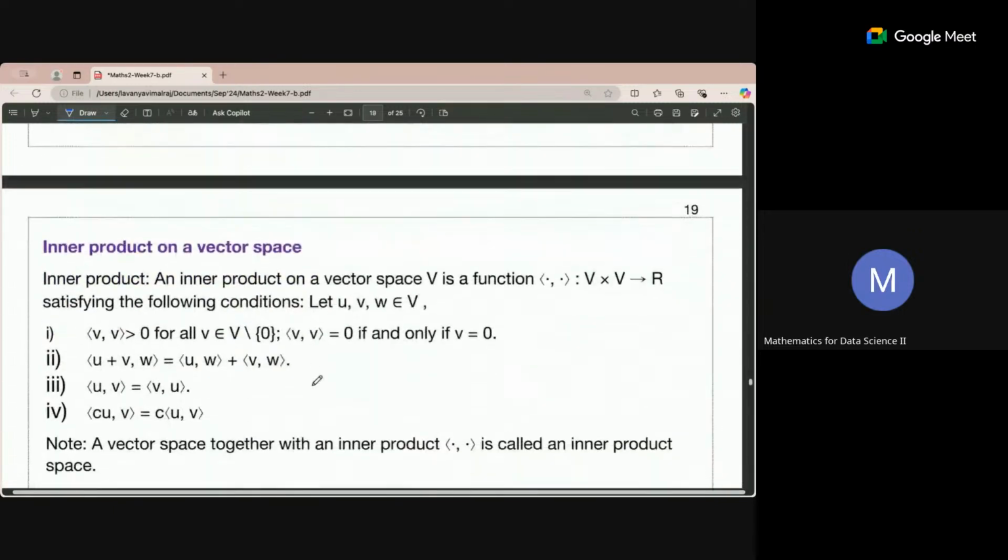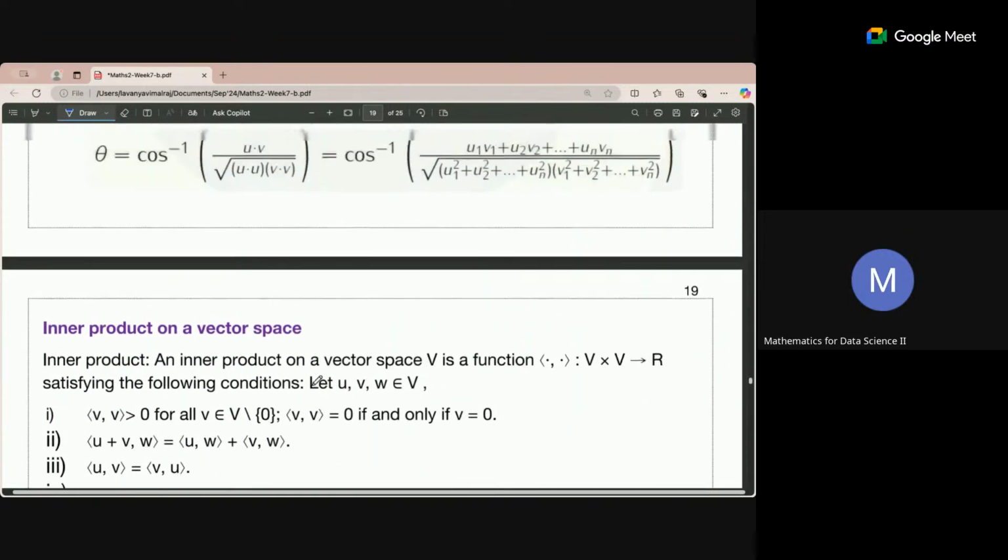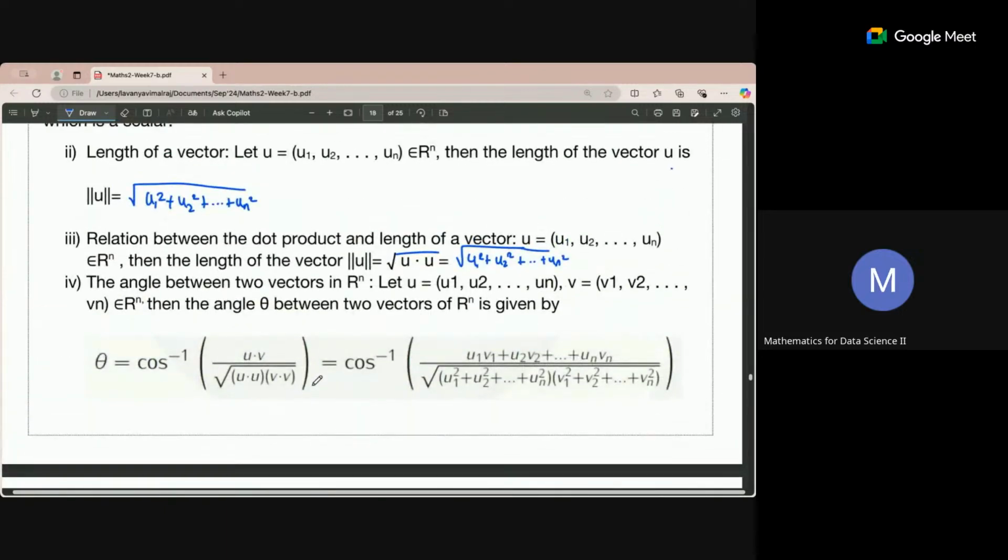Now, what is an inner product? Do you remember in R2 or R3, we first understood how to add two vectors and how to do scalar multiplication. Then we saw the properties of addition and scalar multiplication, like u plus v is the same as v plus u, the associative property, and the distributive properties.